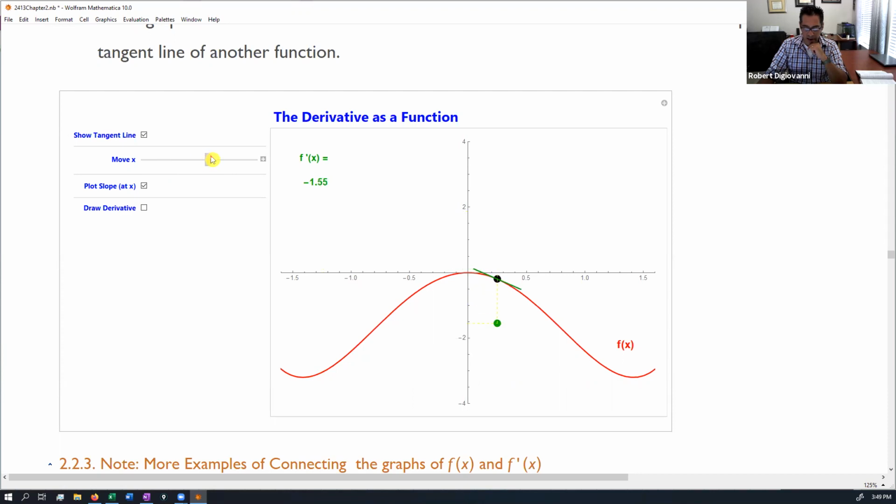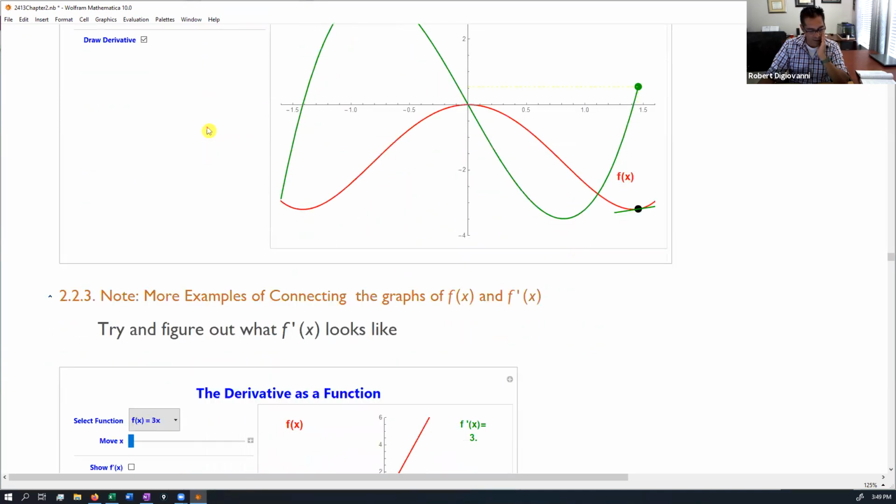Now my green dots have to go below because the slope is negative, and then back to positive. And so if I put it all together, I get the graph of the derivative. Kind of what I did in blue a second ago. Okay, I hope that makes sense.